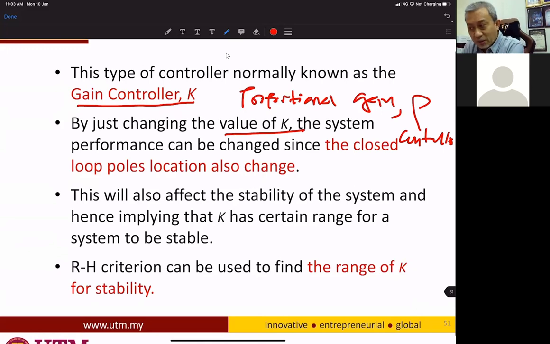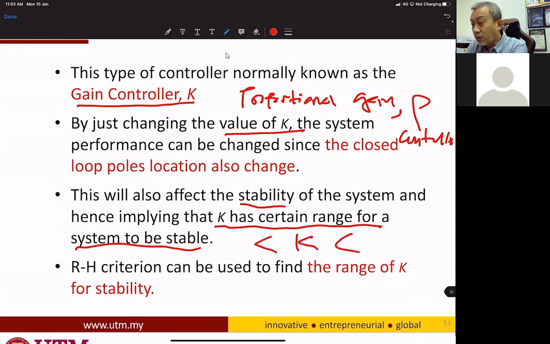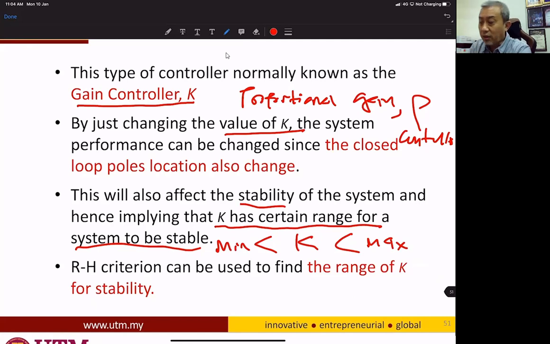This will affect the stability of the system, implying that K has a certain range for the system to be stable. Meaning that we can set the range for K, minimum and maximum, to achieve stability. If the K value is not between the minimum and maximum, it is considered unstable.